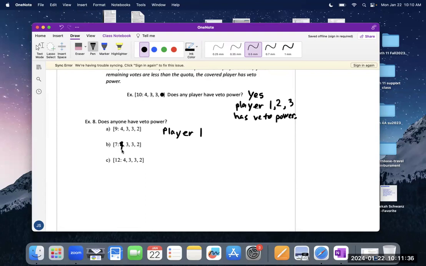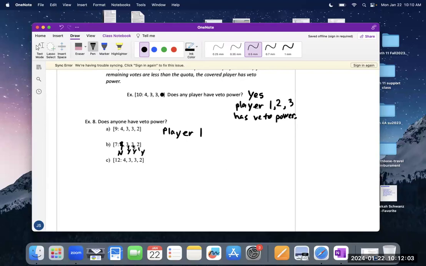So if this one said no, and all these people said yes, could we pass the motion? So 3 plus 3 is 6, plus 2 is 8. Yes, we would have enough to pass the motion without player 1. So player 1 does not have veto power.